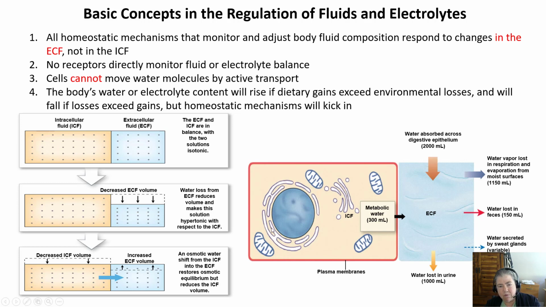And again, you will have movement of water out of the cells. And that's what this is demonstrating. Here we are bringing in 2 liters of water and we're losing 2,300 mLs of water, more or less. And so some water is going to have to move out of the intracellular fluid compartment into the extracellular compartment.